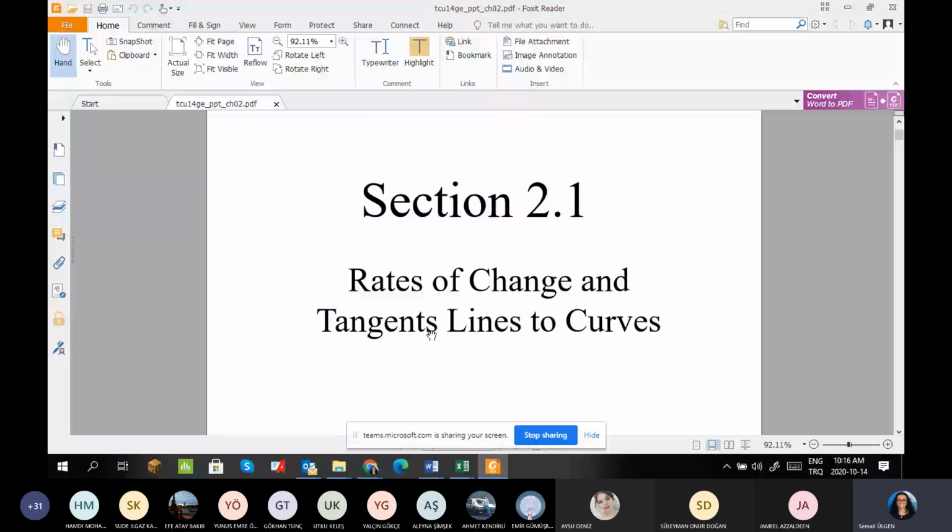Tangent lines are actually rates of change, and tangent lines are the basics of calculus. Calculus evolved from some main questions, which led mathematicians to come up with these terms, tangent lines and rates of change, etc.